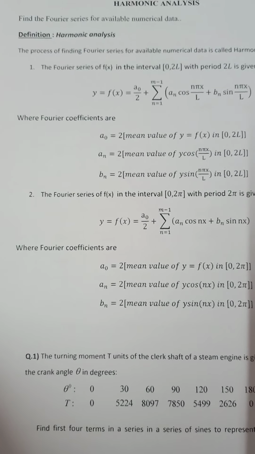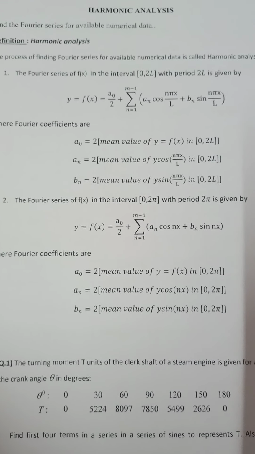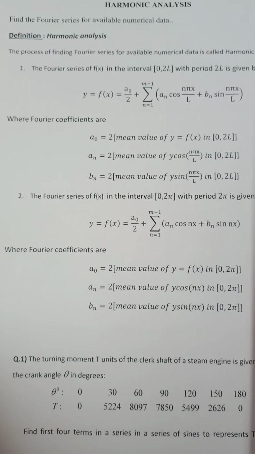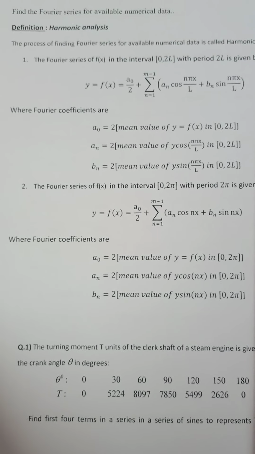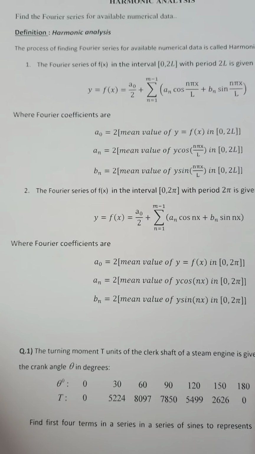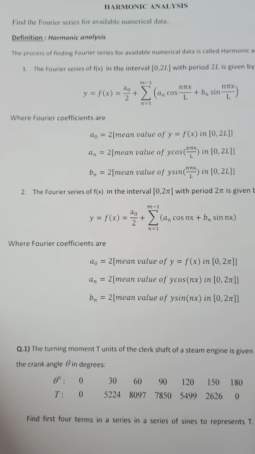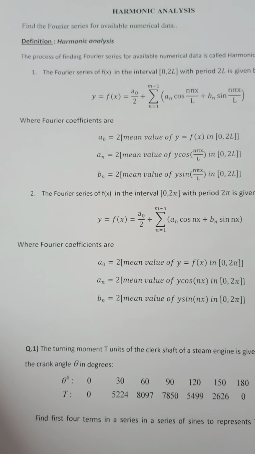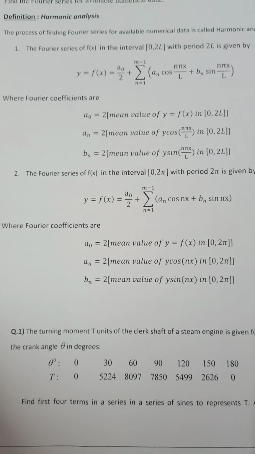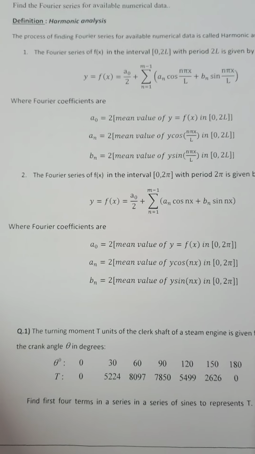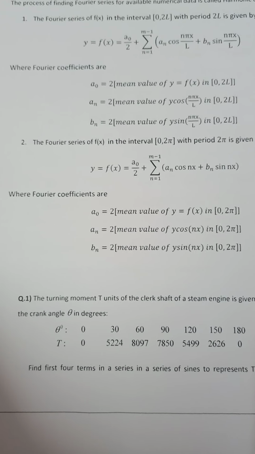The Fourier series f(x) in the interval 0 to pi with the period 2 pi is given by y = f(x) = a0/2 + summation n from 1 to m-1 of an cos nx + bn sin nx. Again, in a similar way, there are the formulas for the Fourier coefficients. We are going to use these formulas in solving the examples.